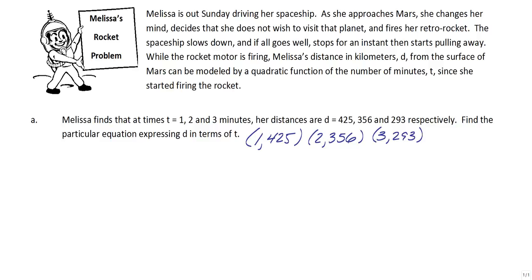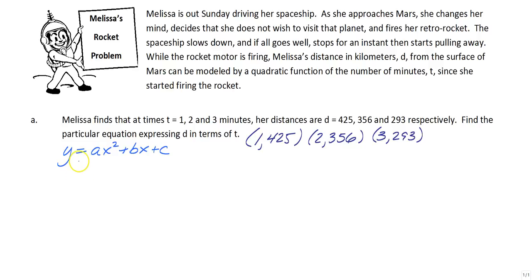So we're going to find a quadratic equation expressing D in terms of T. Again, this is one of our modeling questions where we know that y is equal to ax squared plus bx plus c. Now, if you forget how to do these modeling equations, you should probably go back and look at this video.